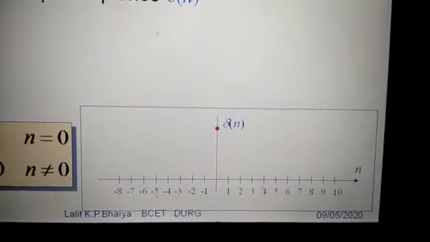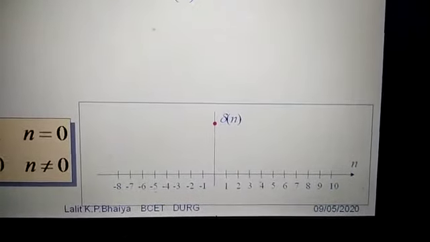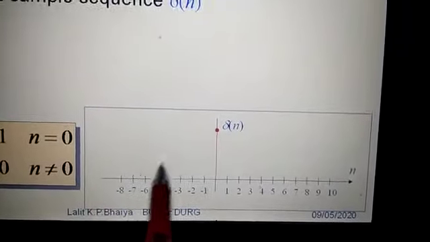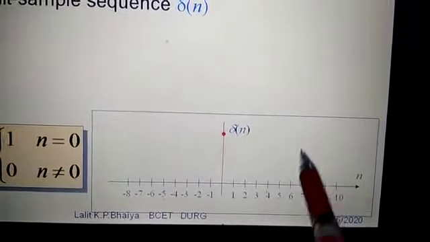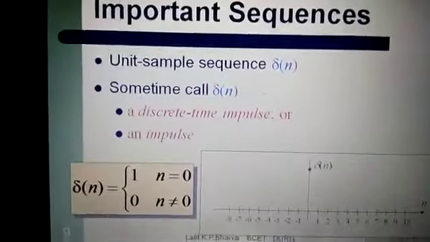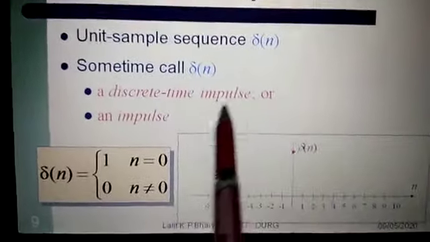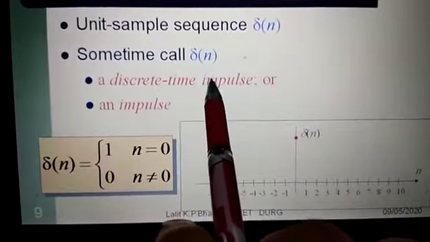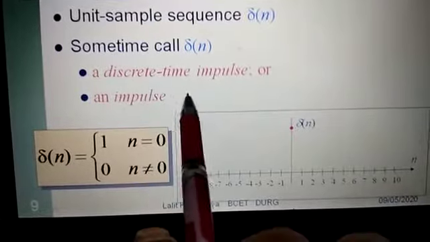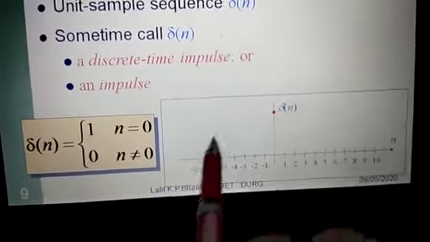Practically this signal is not possible, but a train of impulses can be obtained. Here you will get the train of impulses, and we can use a particular weightage on the particular n of the signal. The unit sample sequence, sometimes called del of n, is the impulse function, a discrete time impulse, or simply an impulse, that we have already seen.